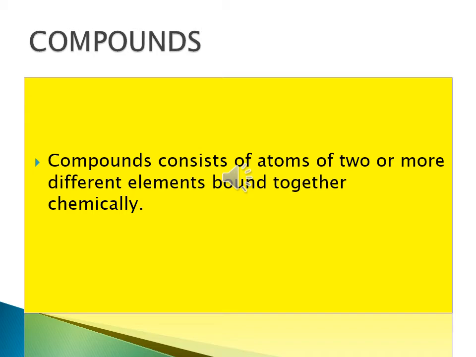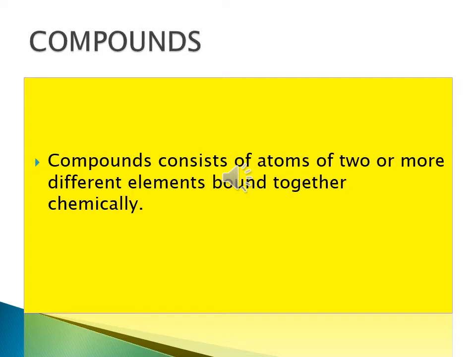What about a compound? A compound can be broken down into simpler substances called elements by chemical methods, and it is made up of two or more kinds of atoms. But an element is made up of the same kind of atoms, while a compound is made up of two or more kinds of atoms. Look, a compound consists of atoms of two or more different elements bound together chemically.